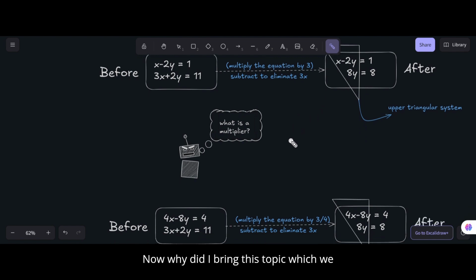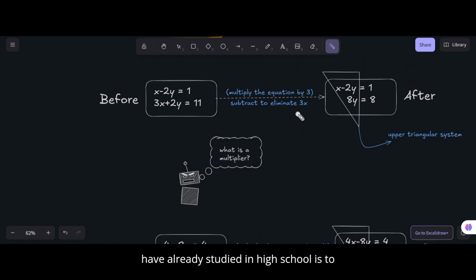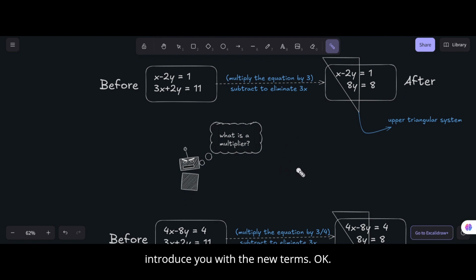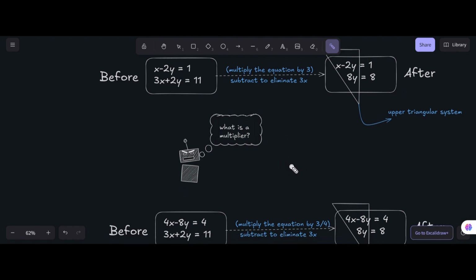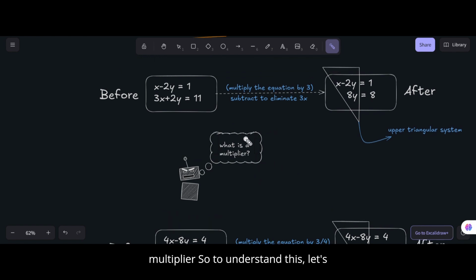Now why did I bring up this topic, which we have already studied in high school? It is to introduce you to new terms that we will be using frequently for our later inferences. The first one is a multiplier. To understand this, let's look at this system. First I have to explain what a pivot is. A pivot is basically the anchor we use to eliminate the entries below it.